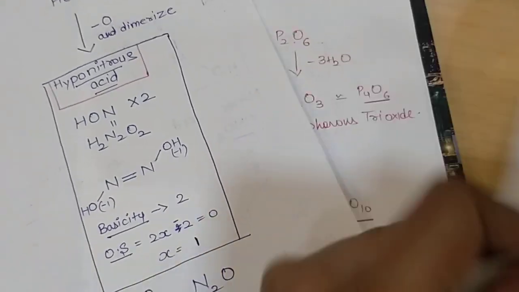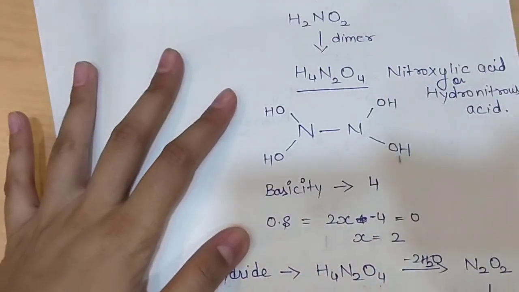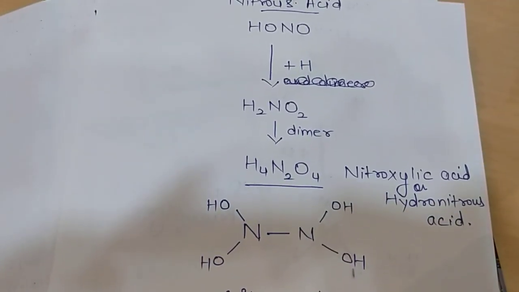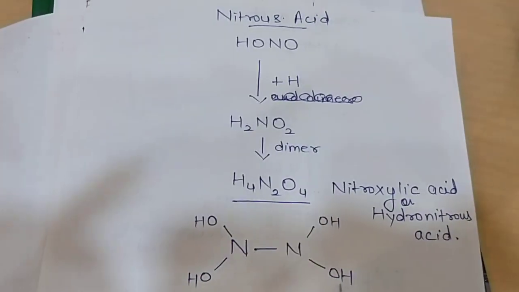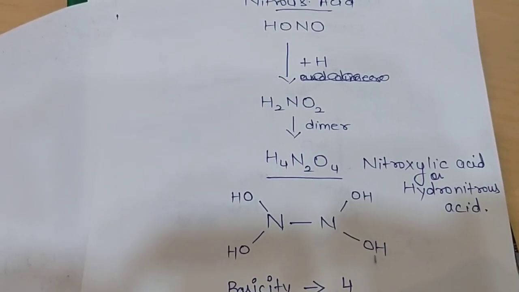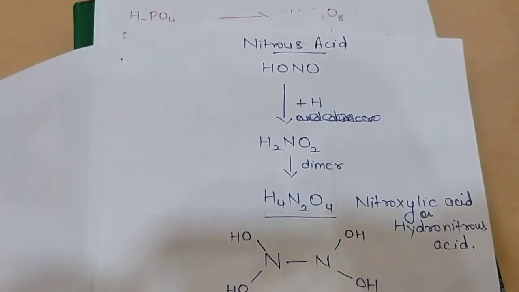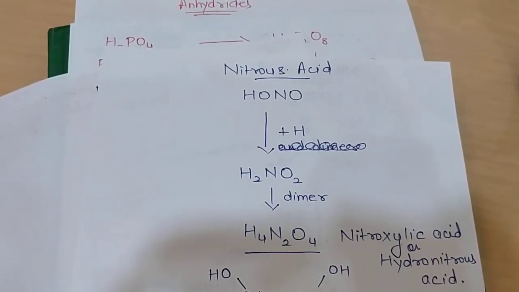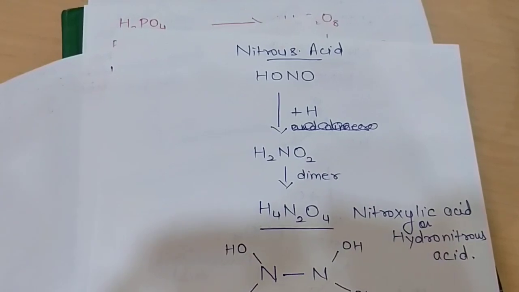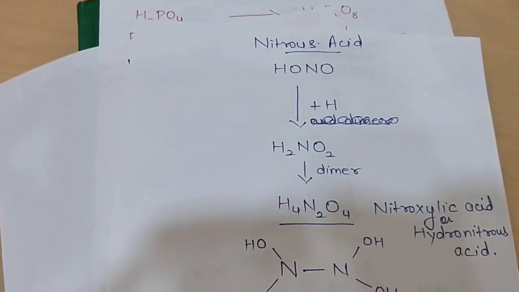Next is nitroxylic acid. The other name for nitroxylic acid is hydronitrous acid. That means the introduction of one hydrogen into nitrous acid will give nitroxylic acid, or hydronitrous acid.